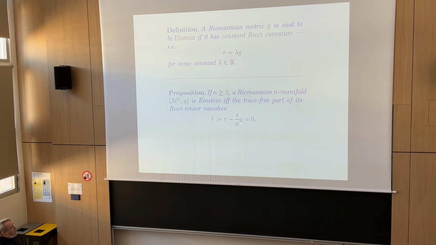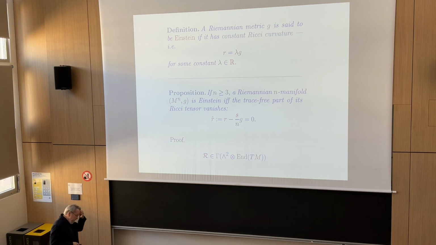The difference is that it's important when you say something is Einstein, without any other information, you haven't specified what the Einstein constant lambda is. This is equivalent to the Einstein equations if you're in a dimension at least 3. You just don't know what the value of lambda is. So the vanishing of the trace-free piece of the Ricci tensor is equivalent to having this satisfied for some constant lambda.